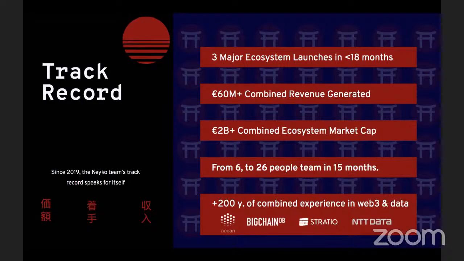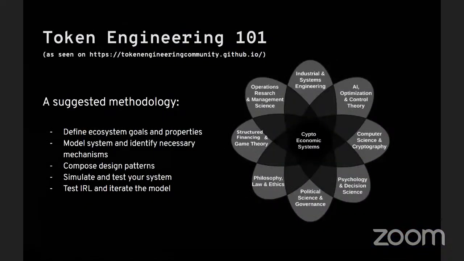Okay, so token engineering 101. This is a graph that I pulled from the token engineering GitHub repo, which I think Shermin, you contributed to quite a bit as well, together with some other people from the community that have curated a list of very interesting content with regards to crypto economics design, token engineering, and the different things that we touched briefly upon in the previous presentation.